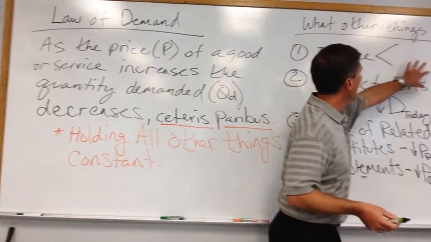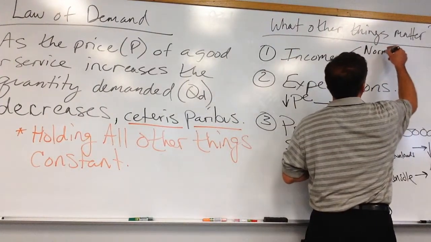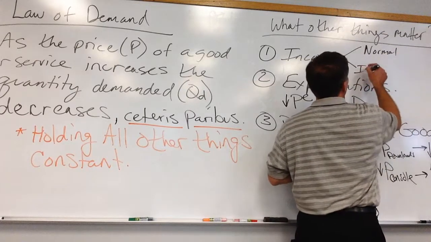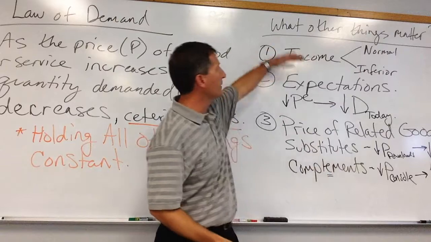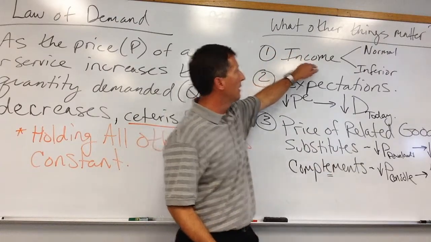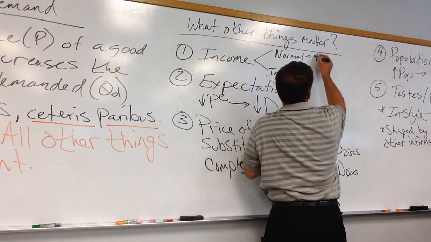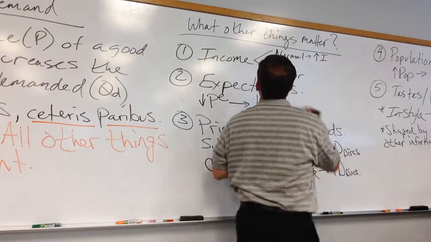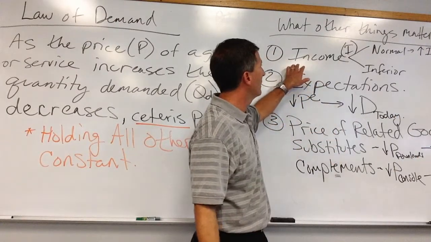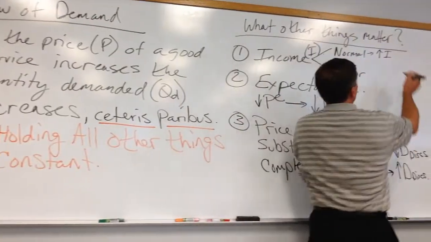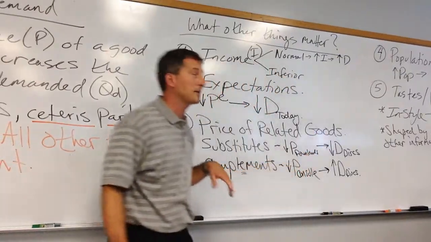So we have normal goods and inferior goods, the two types of goods that we have. With a normal good, which is how most goods are, an increase in income, I'll just use a capital I here as an abbreviation for income, leads to an increase in demand. You buy more of that product.